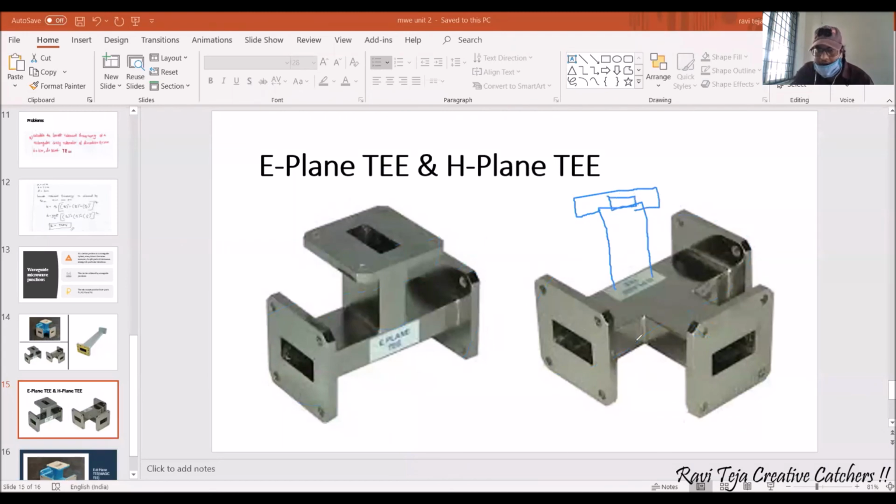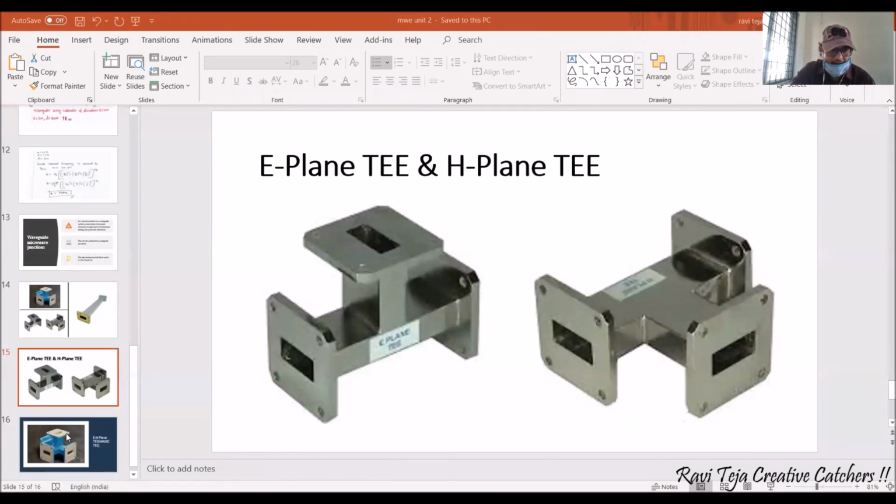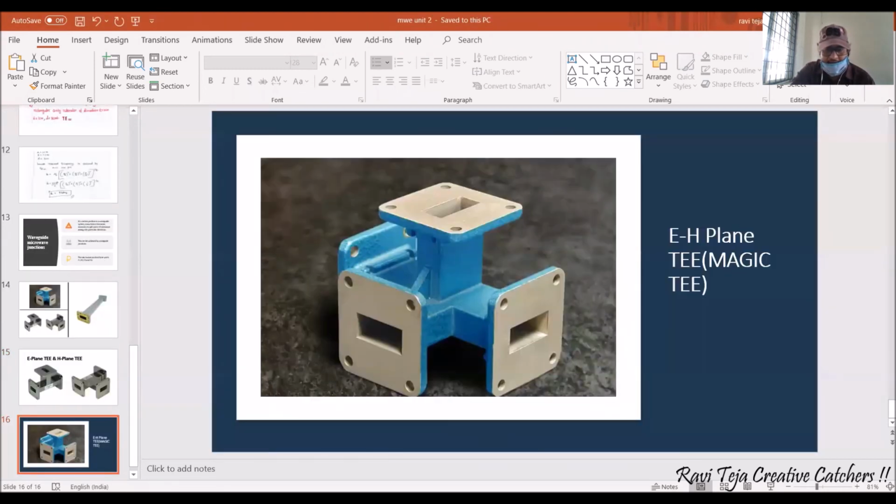So whenever we combine these two, the E plane T as well as the H plane T, it becomes one 4-port microwave junction. Whenever you combine them, it becomes this one.